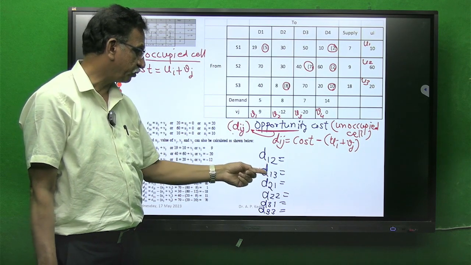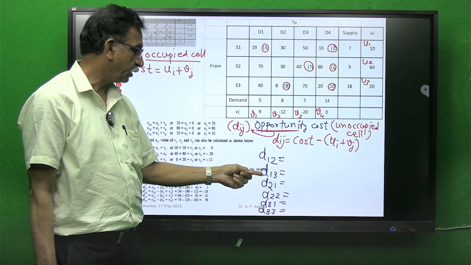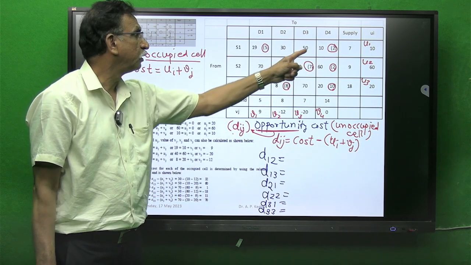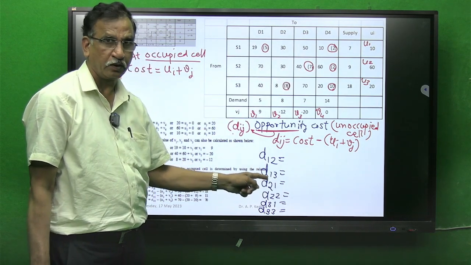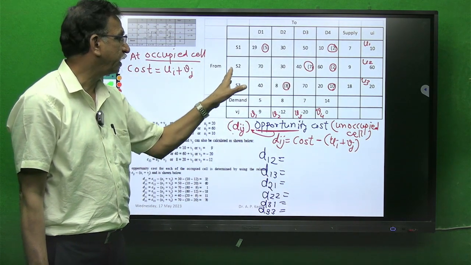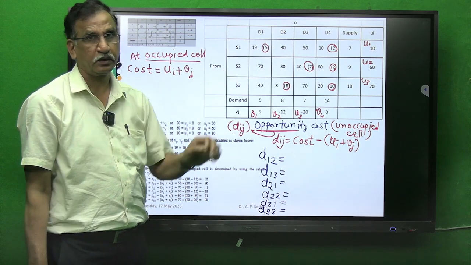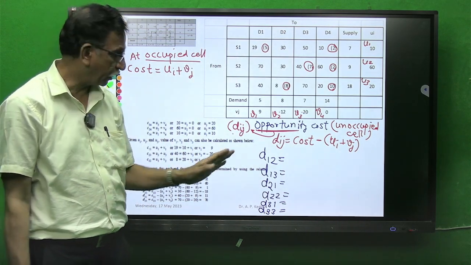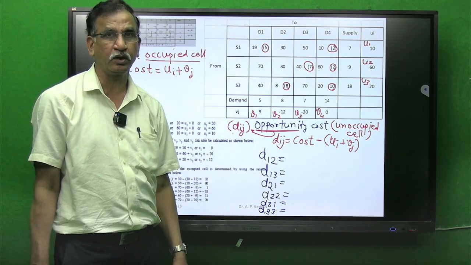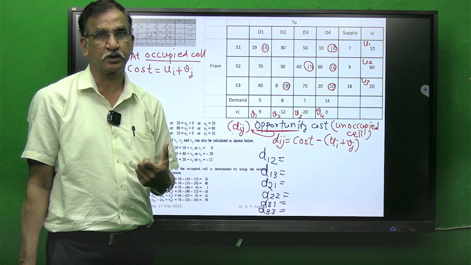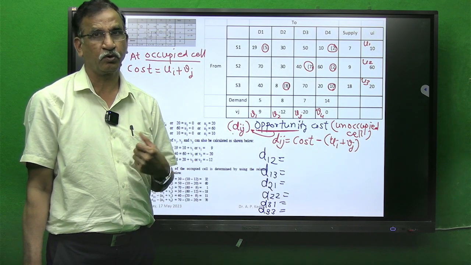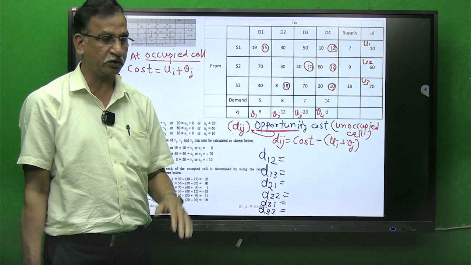I have omitted S and D letters and considered a mathematical order: first we consider rows followed by columns, so we are following that.